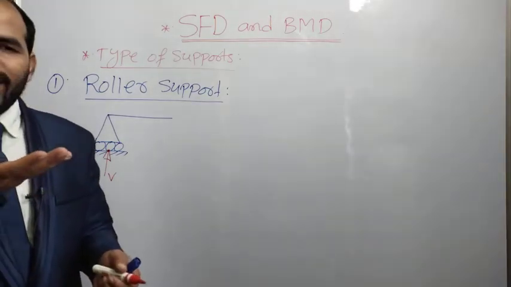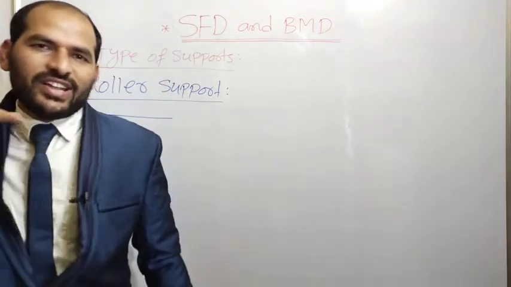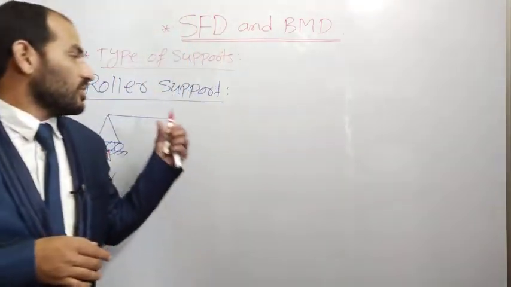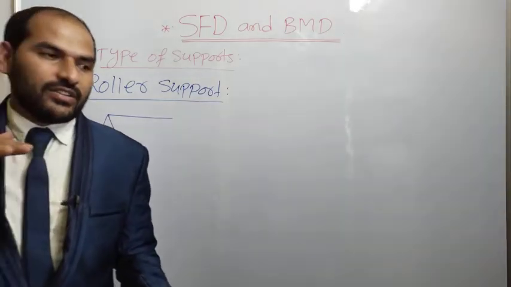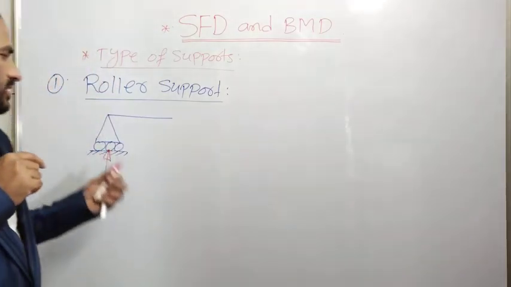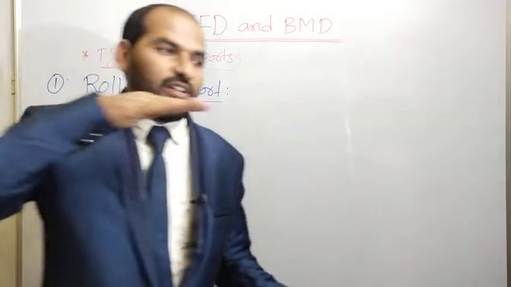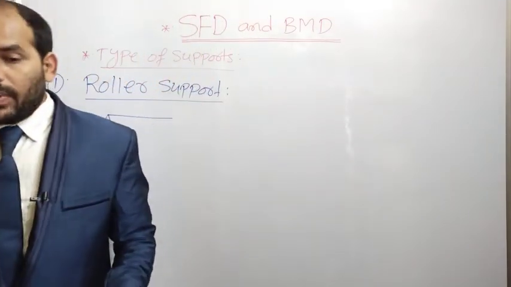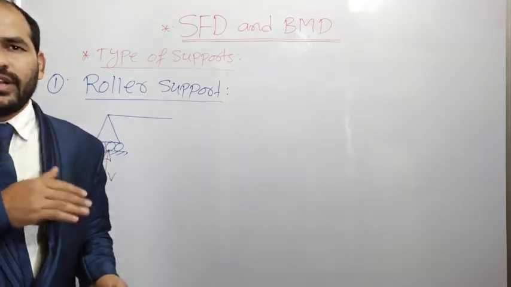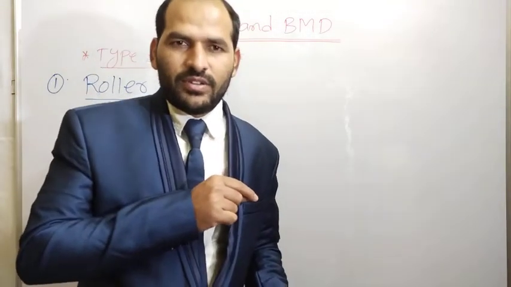Reason: the roller is provided like this, so due to the application of a horizontal force, the support is displaced from its original place. It is rolled from one place to another place.